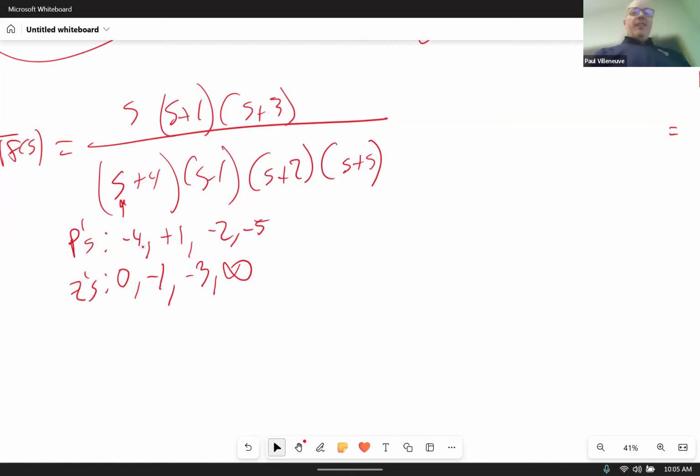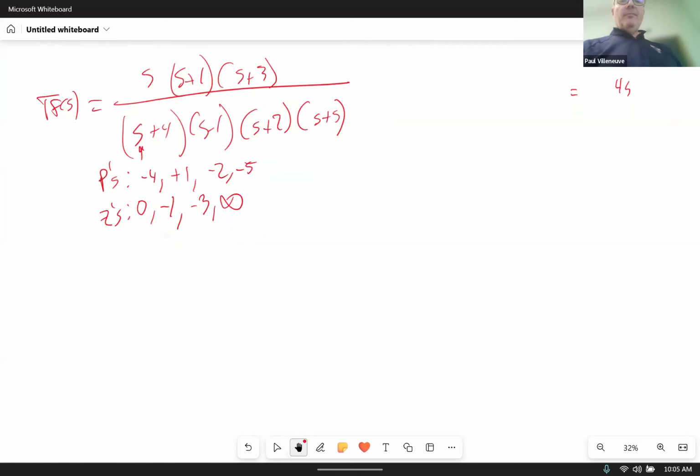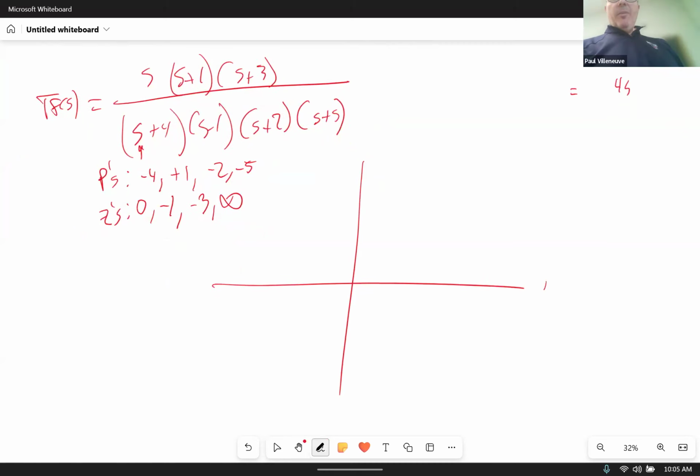So now I can plot this. Here's the real part, here's the imaginary part. The zeros are denoted as a 0 or circle. So I have one here, one here, one here, and we don't know where this one is at infinity. So for now, we'll just put it way over here, at the end, but it could actually be in a different location.